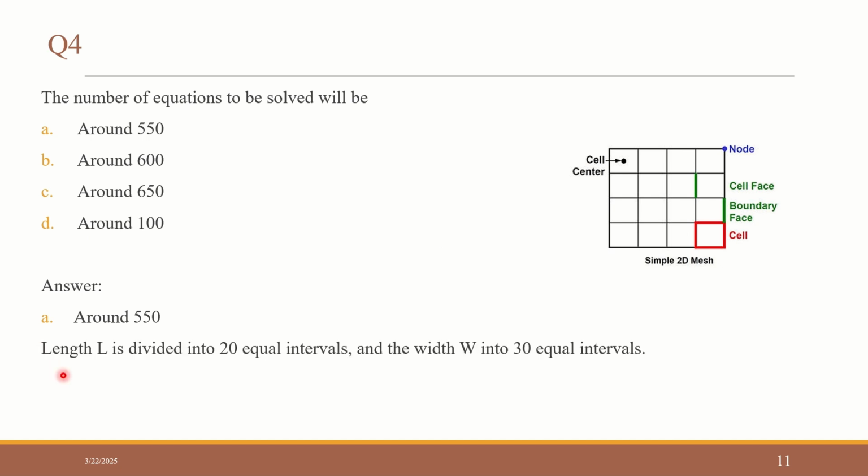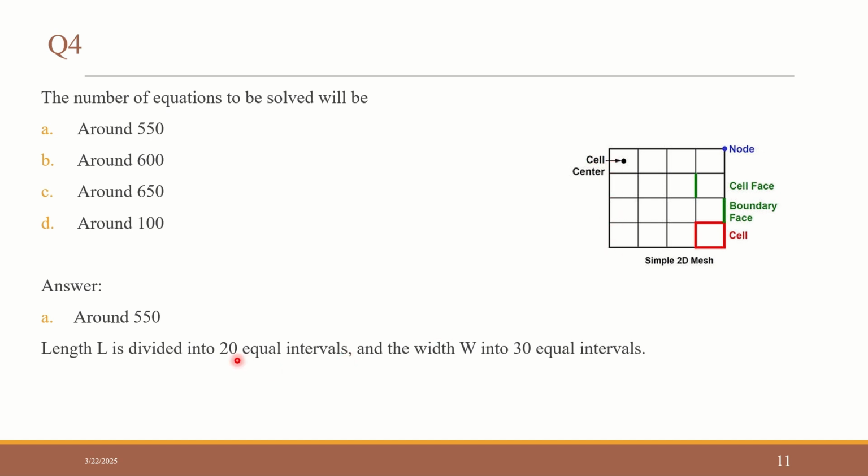Because we are dividing the length into 20 equal intervals and the width into 30 equal intervals. If we apply the same concept from here to there: 4 divisions, 4 minus 1, that is number of nodes minus 2, or number of intervals minus 1.